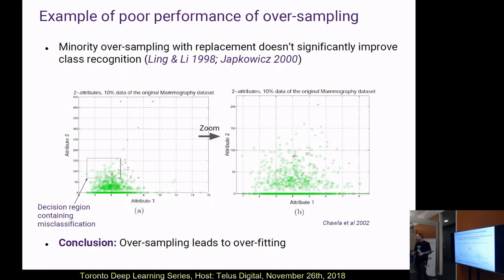So here's an example that was illustrated in the book for one of their particular data sets. This is a mammography data set. I believe it was image classification. On the left, they're showing you an example of this feature space. It's just attribute 1 versus attribute 2.